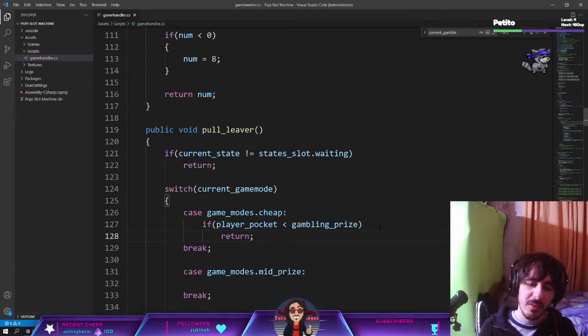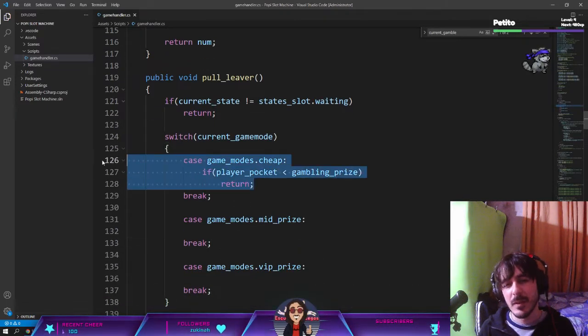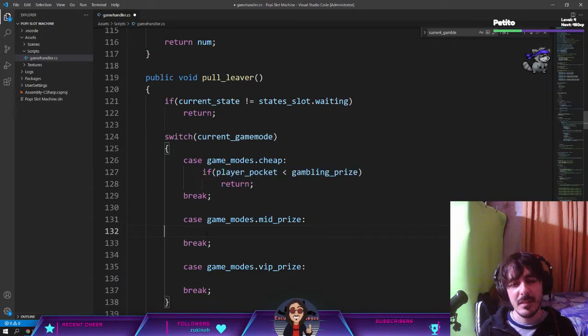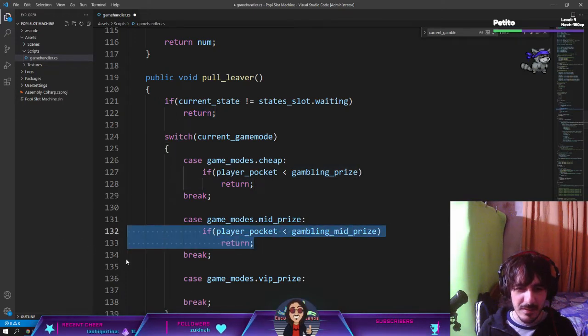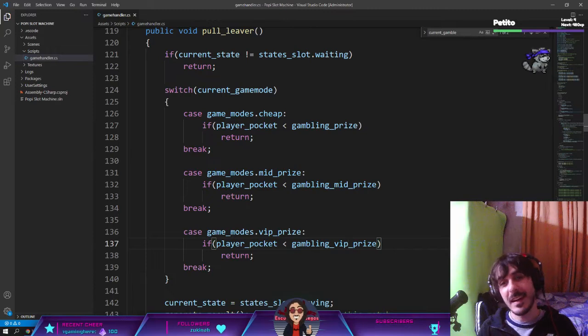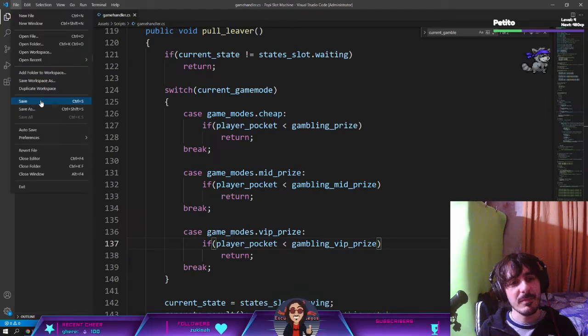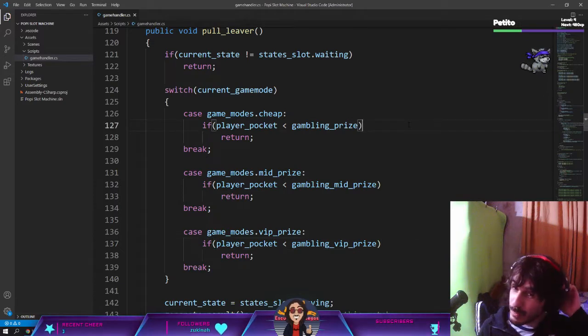I will finish the operation because they can't gamble. In this case, I have to compare with the mid price, and in this case I have to compare with the VIP price. Maybe we should show a message on the screen, but I don't have any screen at the moment, so this is what I'm going to do by now.